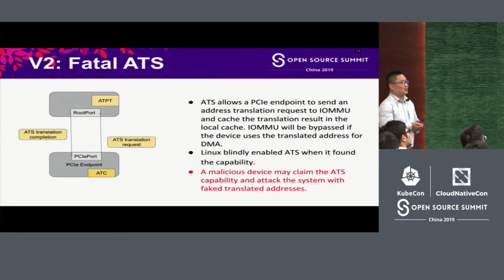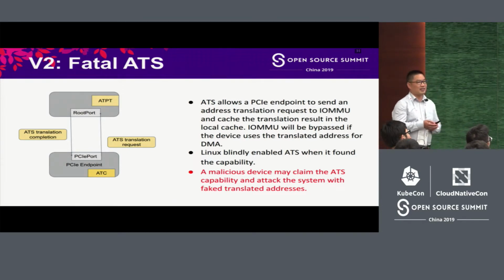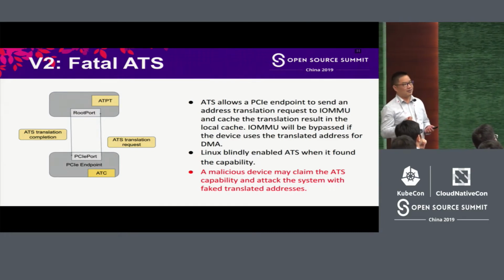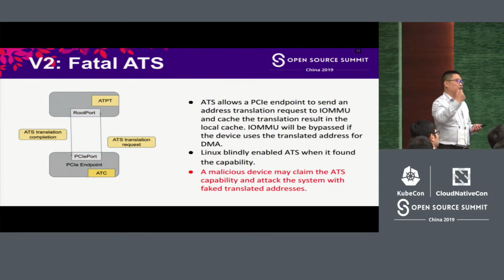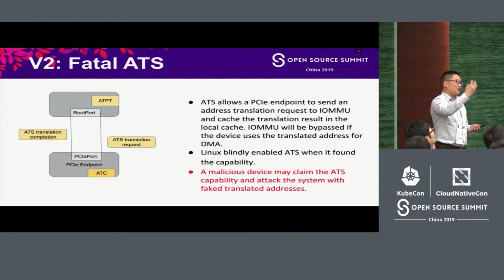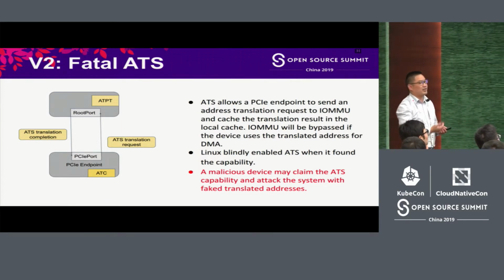And the second vulnerability, ATS. If you are familiar with Intel VT-x, this is called Address Translation Service. This is a feature defined by PCIe, and if we support ATS, we will submit a request to the IOMMU. We'll send an ATS translation request to the IOMMU.